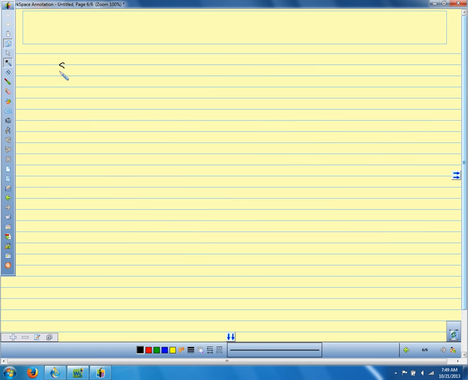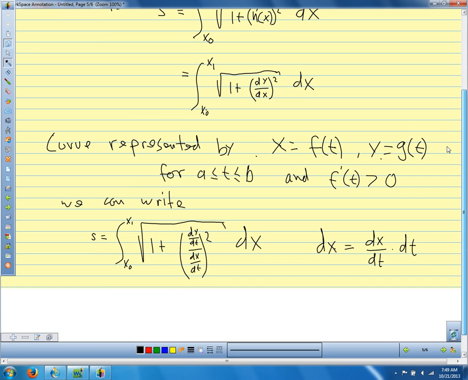So my arc length is going to be the integral from a to b now, because we're going to write this in terms of t. In this expression, we're going to find our common denominator of dx dt squared and rewrite this radical with that common denominator.